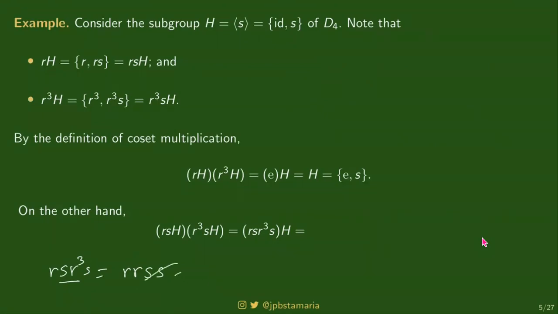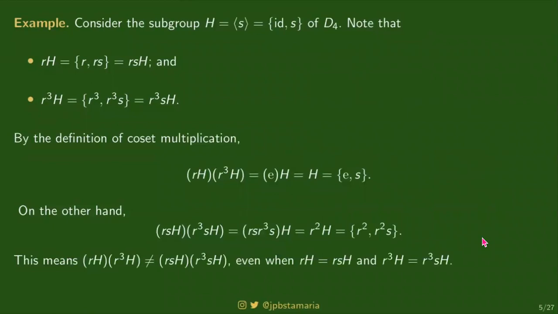So, ang SS identity, R squared ang lalabas. At ang R squared H is now the set R squared S. Ano nangyari? Ang nangyari ito po. This means that the product RH R cube S is not the same as the product RSH R cube SH even when these two are equal and these two are equal.